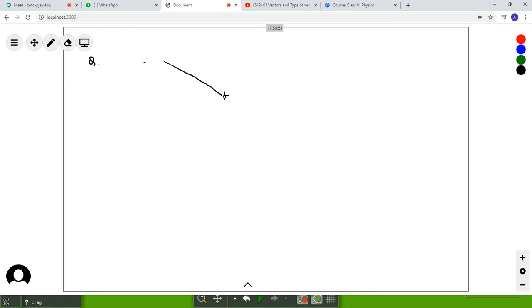This is a thread. This is P vector, this is Q vector. Now these two vectors are acting at an angle of 60 degrees. This is 5 Newton. This is 4 Newton.